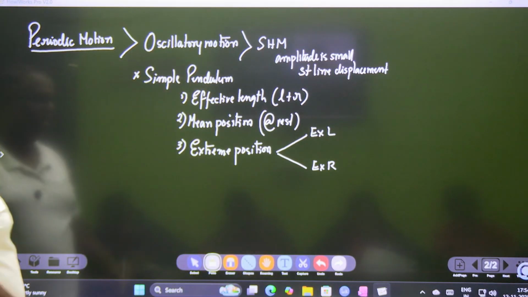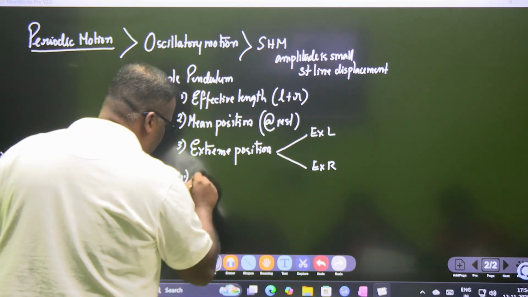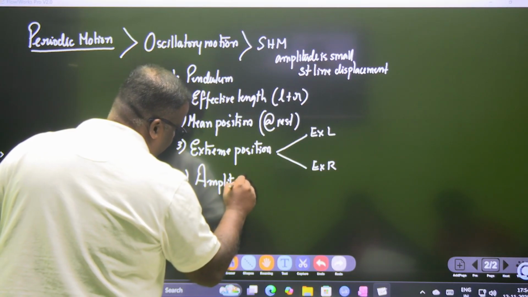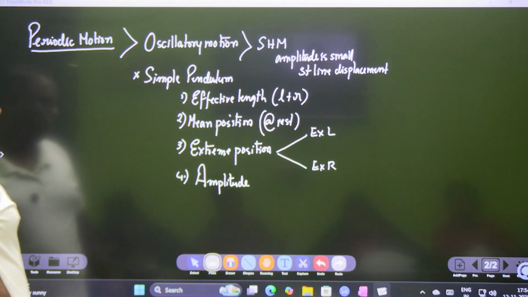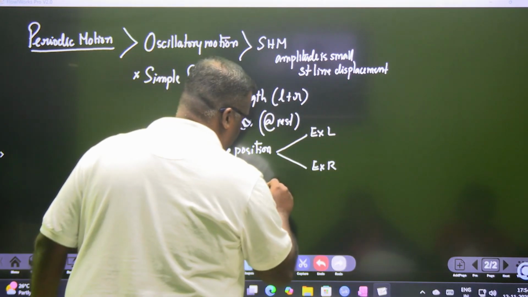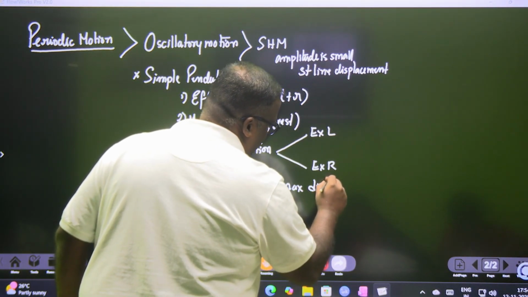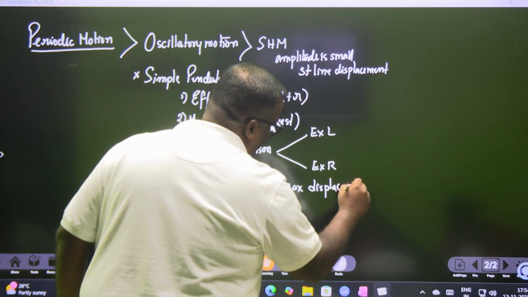Then we have to understand something called the amplitude. Amplitude is the maximum displacement. We don't use the word distance, that you'll get to know in grade 9.